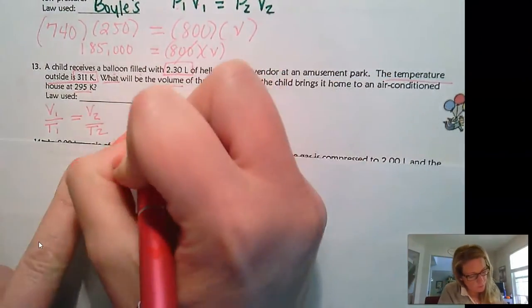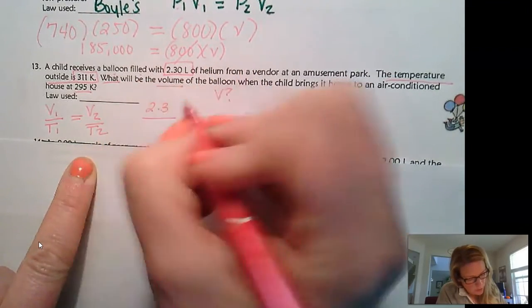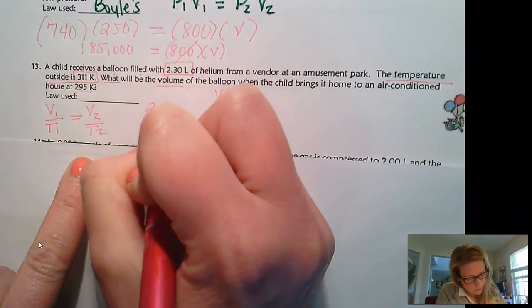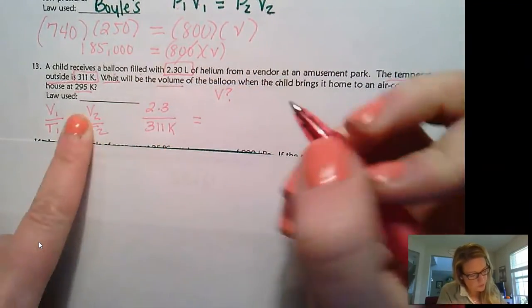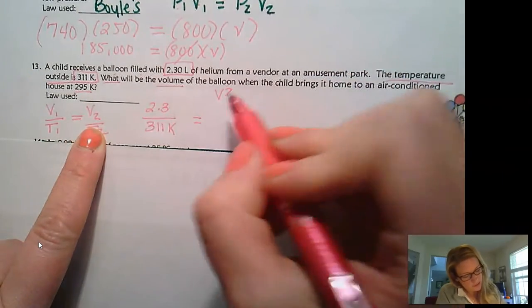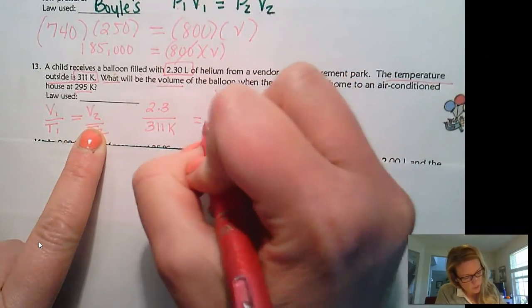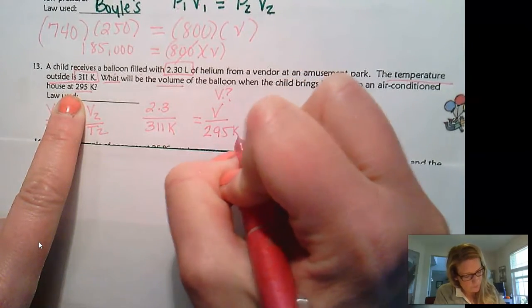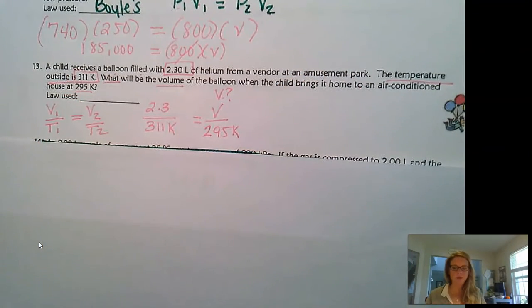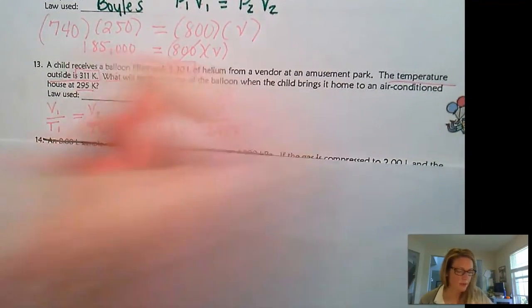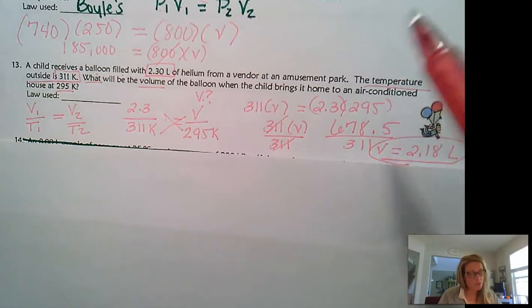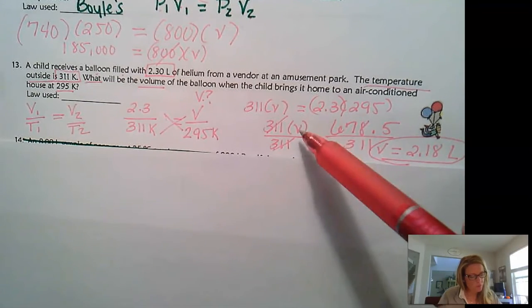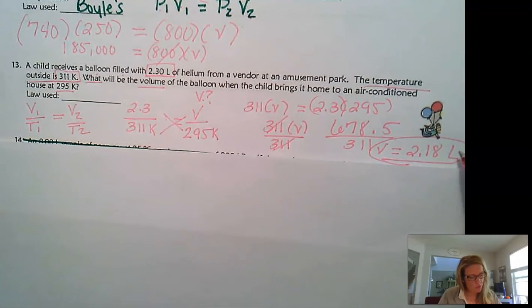What's your initial volume? 2.3 over 311 kelvins equals, we don't know our second volume, right? That's what we're solving for. So V over the second temperature is 295 kelvin. And you're going to do the exact same thing again. You're going to solve for that. So go ahead and type that in your calculator, cross multiply, and set that up. And after you've cross multiplied and you've solved for V, you're going to end up with V equals 2.18 liters.